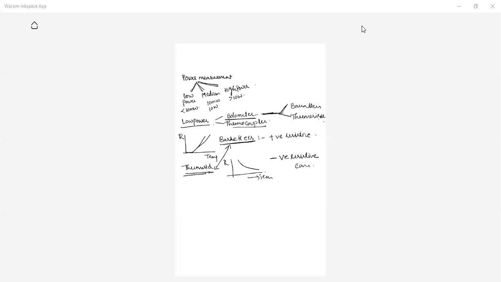Generally, how we are going to use these bolometers to measure microwave power is, let us consider there is a waveguide like this. You have to keep the bolometer like this. The microwave power is coming like this and is incident on the bolometer.